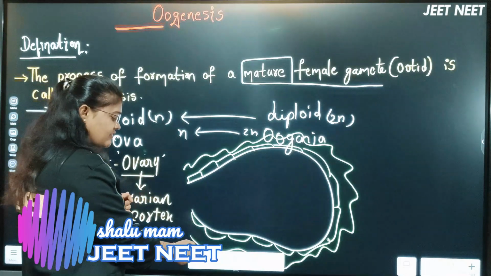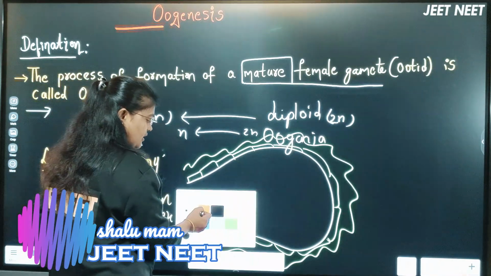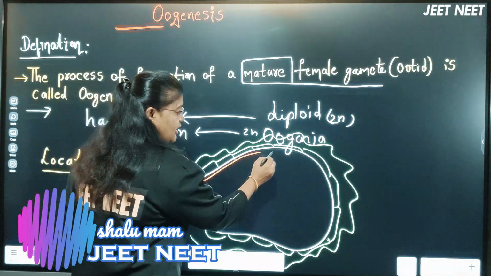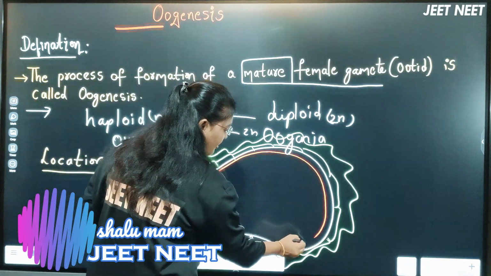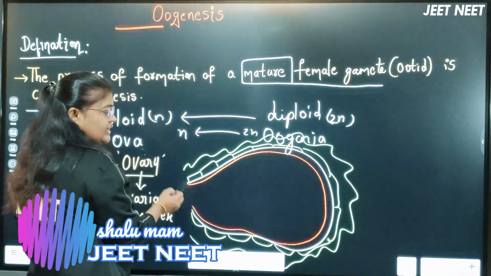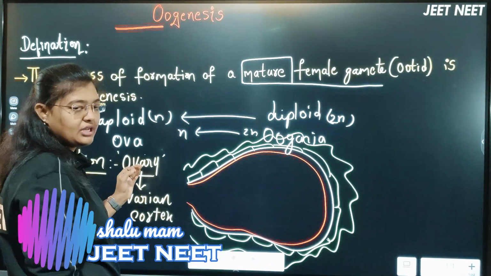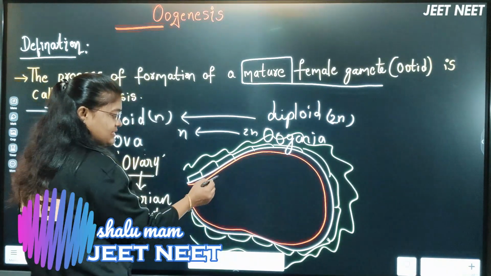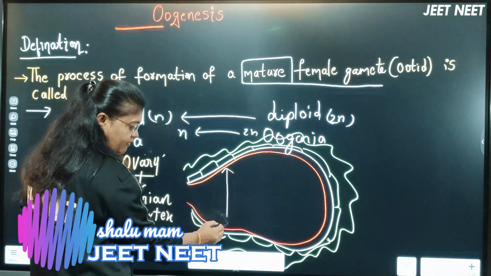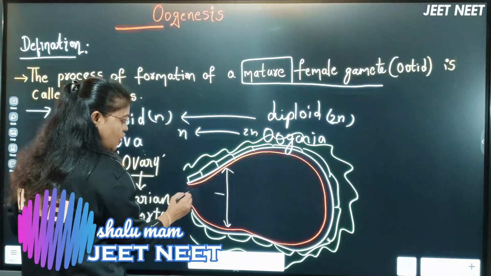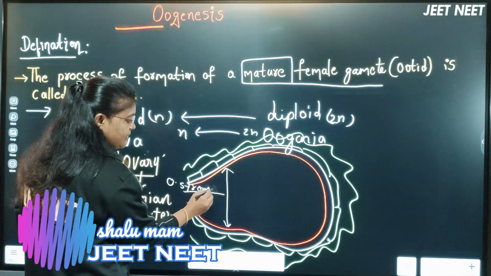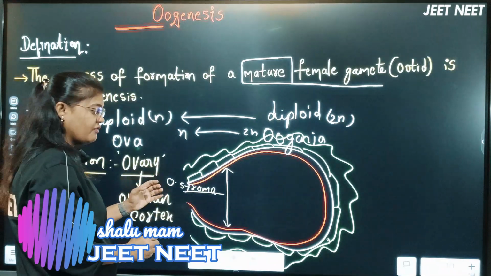And the third one, the inner one, is the tunica vaginalis. The total space present inside the ovary we call the ovarian stroma.